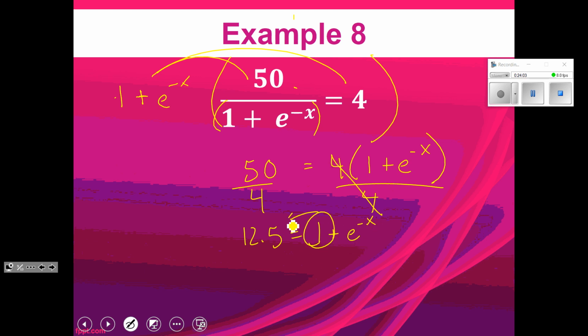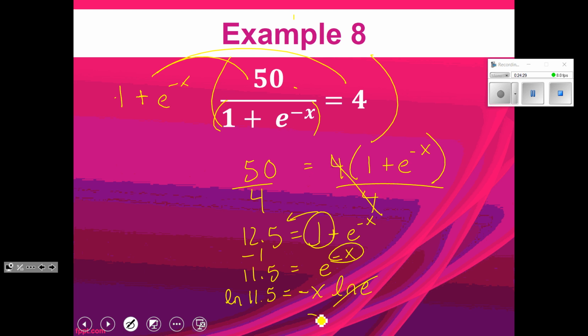And then I'm going to move the 1 over and subtract 1, so I get 11.5 equals e to the negative x. Once I have isolated it, what can I do to both sides? I can take an ln on both sides. So this is going to become the ln of 11.5. I'm going to throw the exponent down in front and make negative x times the ln of e. What happens to the ln of e?